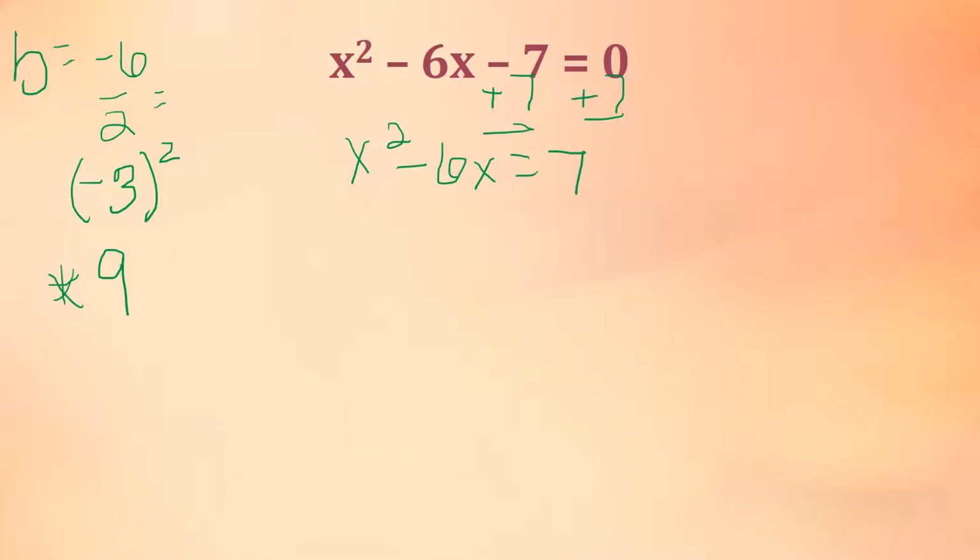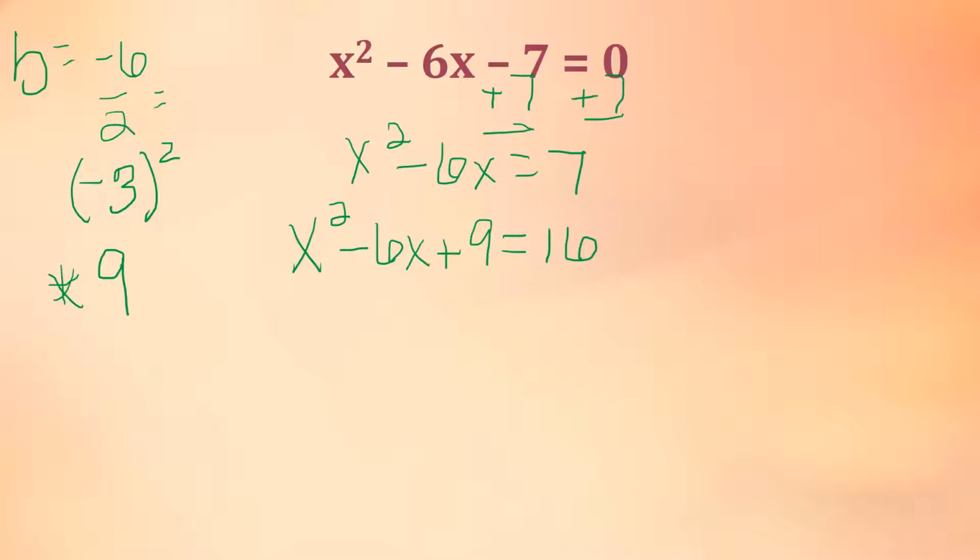Okay? So now what we're going to do is add the 9 to both sides of the equation. So my left side, I'm just going to tack it on the end because I can't combine it with anything. And on the right side, I get 16 because 7 plus 9 is 16. Okay?